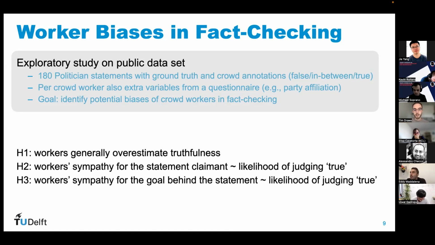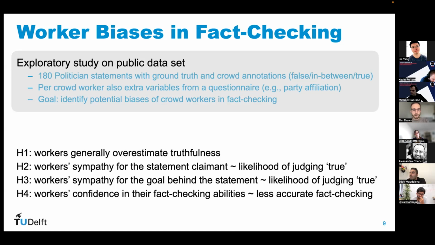We also found some exploratory evidence regarding a confirmation bias. The more workers sympathized with the goal behind the statement, so the party affiliation, for instance, if they were Democrats for the Barack Obama statement, their likelihood of judging the statement as true was a little bit higher. And lastly, we identified overconfidence as a potential issue, which basically means, and this is something we found in the exploratory study, that the greater workers' confidence in their fact-checking abilities, the less accurate their fact-checking actually was.